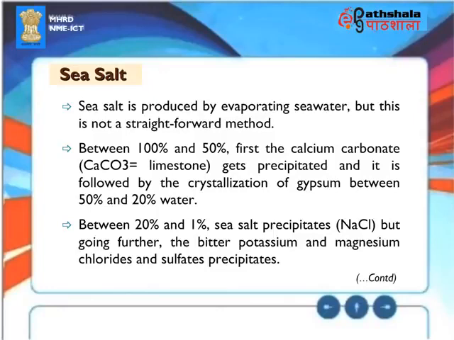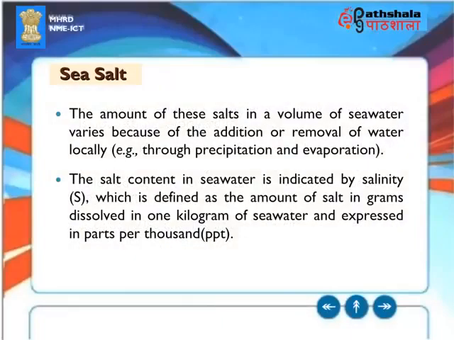Between 20% and 1%, sea salt precipitates, NaCl, sodium chloride, but going further, the bitter potassium and magnesium chlorides and sulfates precipitate. The amount of these salts in a volume of seawater varies because of the addition or removal of water locally, for example, through precipitation and evaporation.